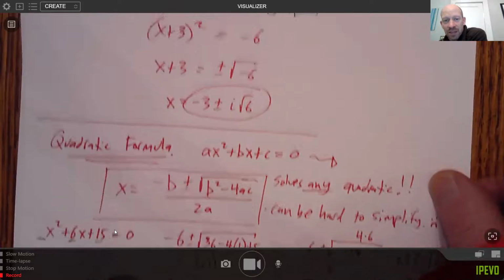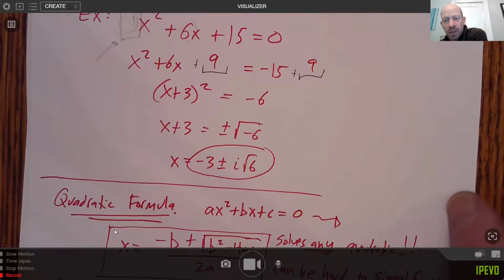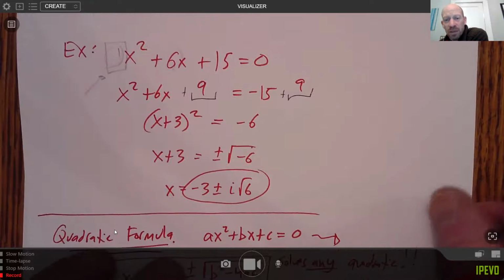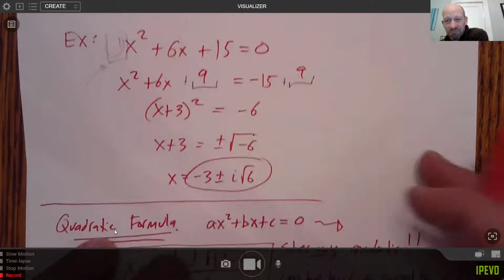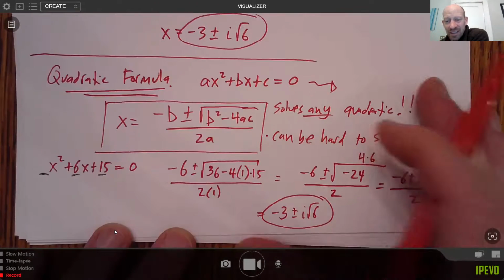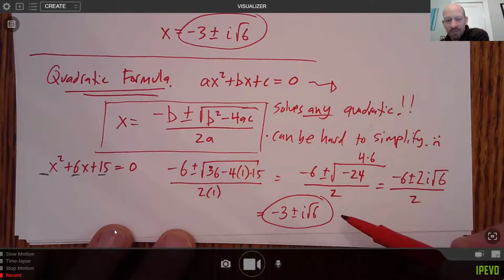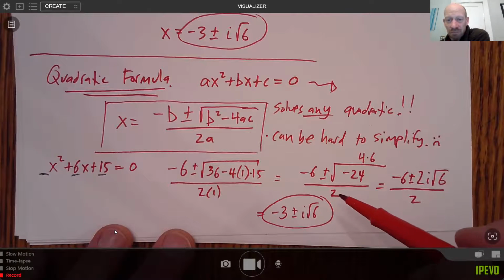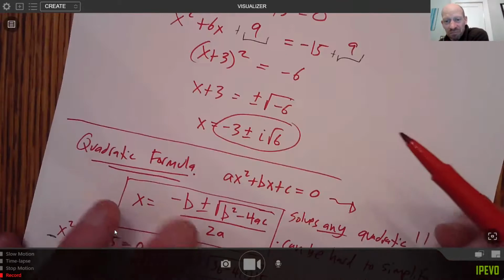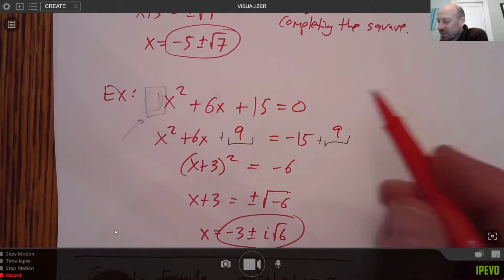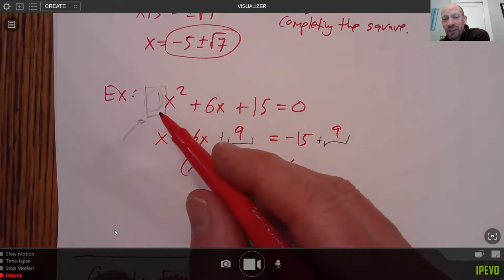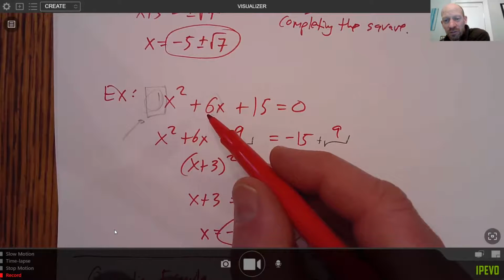Now, I think in this case, you could make a reasonable argument that completing the square was actually a little bit easier than this quadratic formula. They're pretty close to each other, but do we really need the quadratic formula? Well, it turns out we do, because this completing the square one was one of our very simple forms of a quadratic for completing the square.